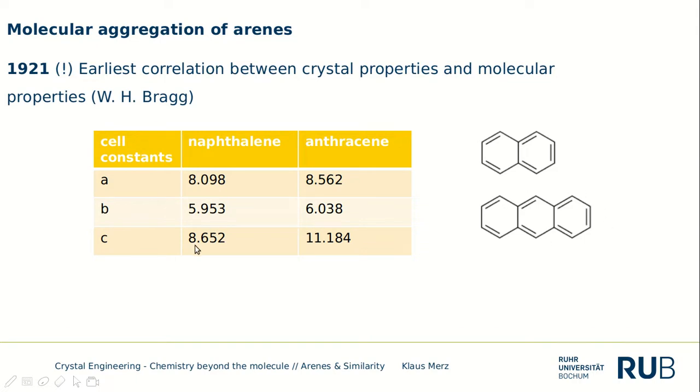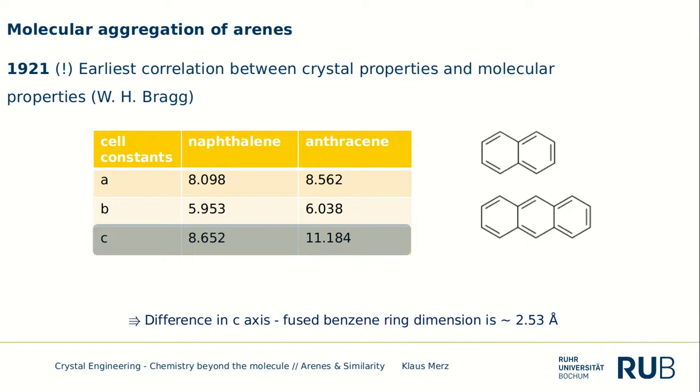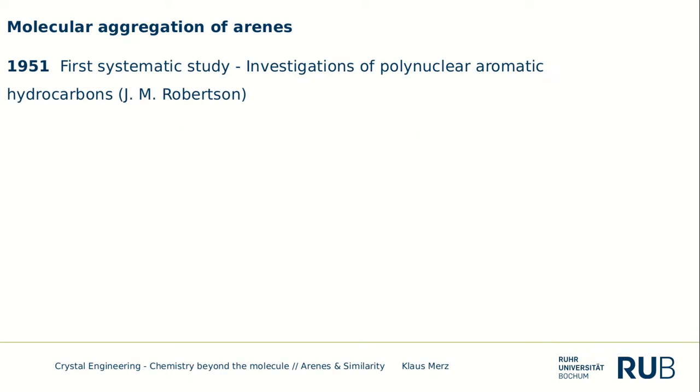But the C-axis, have a look on the C-axis, this is a difference. And they said the reason must be the dimension of benzene. And that's exactly what is absolutely correct. If we look at the crystal structure of benzene, it is exactly the roundabout, exactly with here the dimension, 2.5 roundabout. This is amazing.